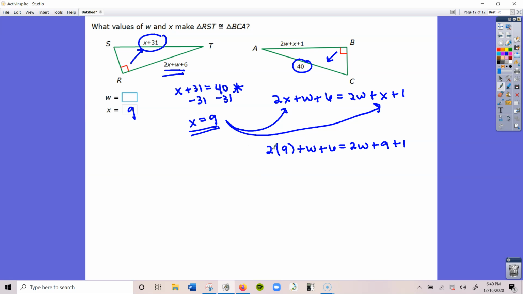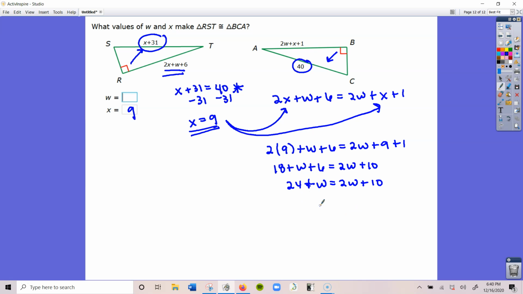So now we have 2 times 9, which is 18, plus w plus 6 is equal to 2w plus 9 plus 1, which is 10. We can also combine the 18 plus 6. So 18 plus 6 is 24, plus w, is equal to 2w plus 10.